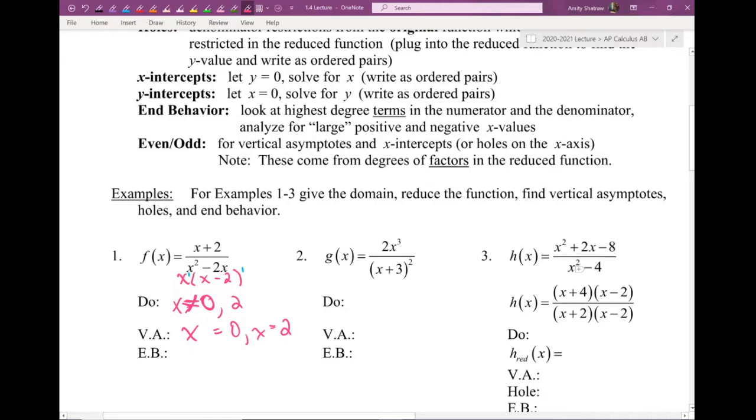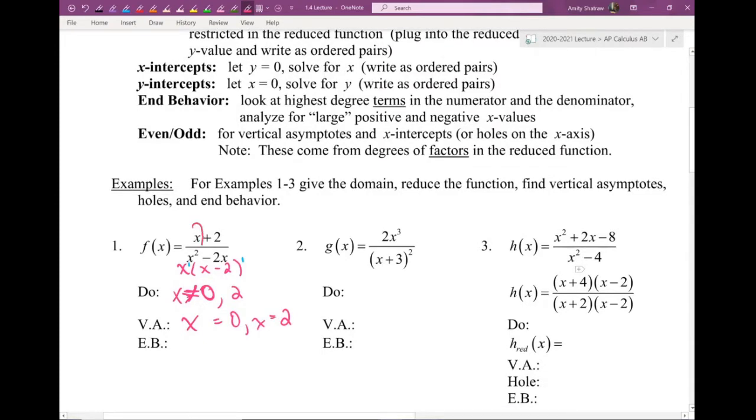Now, as far as end behavior, here's where we're talking about it, right? We are going to take a look at these first two terms because they are the highest degree in our expression, and we're going to say, yeah, that shady math, something is approximately equal to x over x squared. That can be simplified into 1 over x squared.